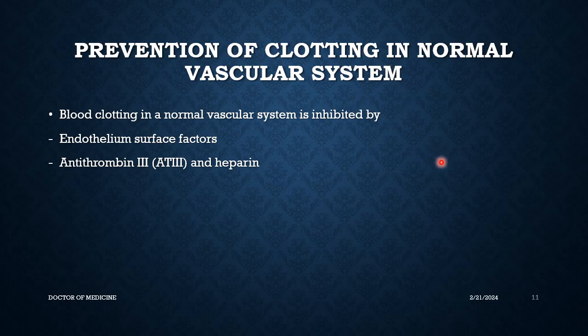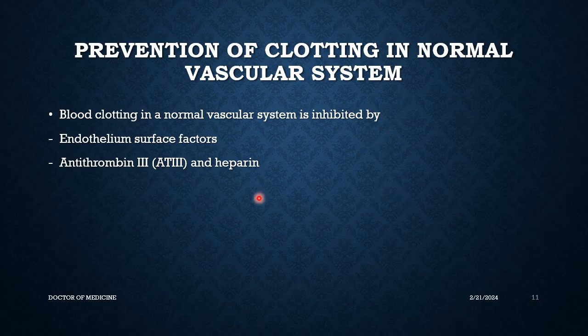Right, so there is need in many cases to prevent clotting in your normal vascular system. Remember, the adjacent portions of your blood vascular system are still intact. So if the coagulation cascade is not regulated, it means that the clotting of blood will escalate to all the other parts of the intact blood.